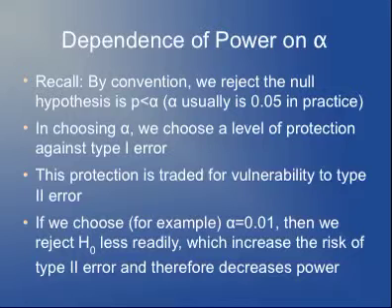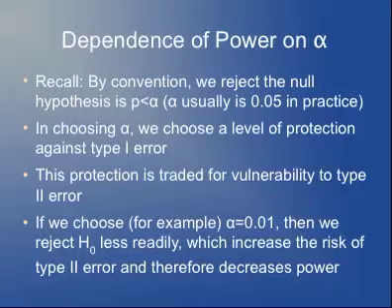So if you reject your null hypothesis if your p-value is less than alpha, then there should be about a 5% chance of rejecting your null hypothesis if the null hypothesis is true. And in general, by protecting against type 1 error, you increase your risk of type 2 error.